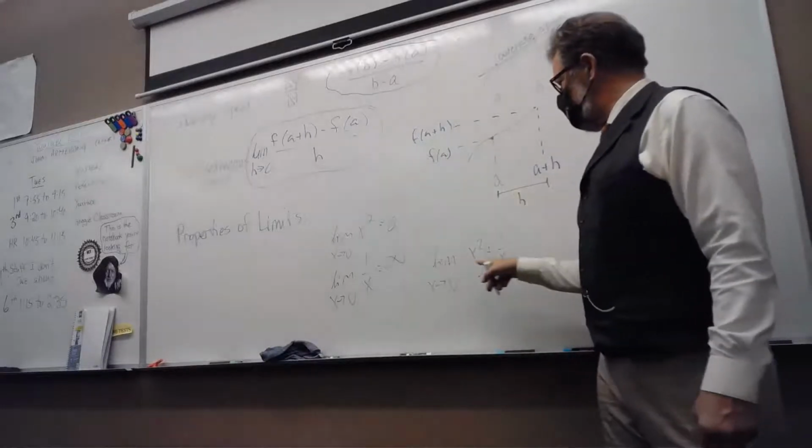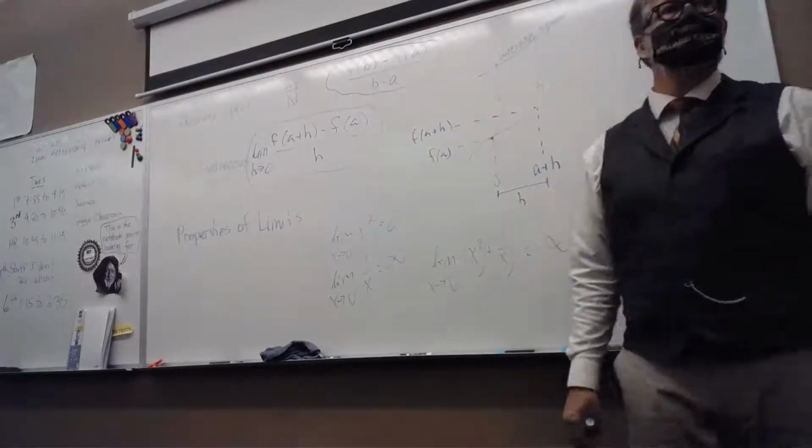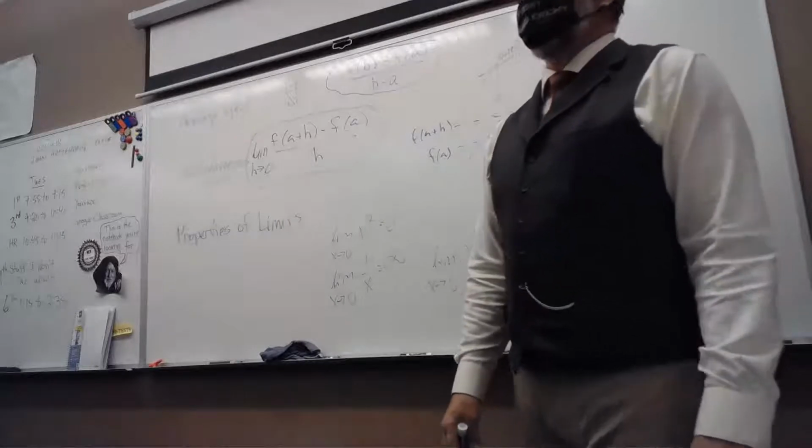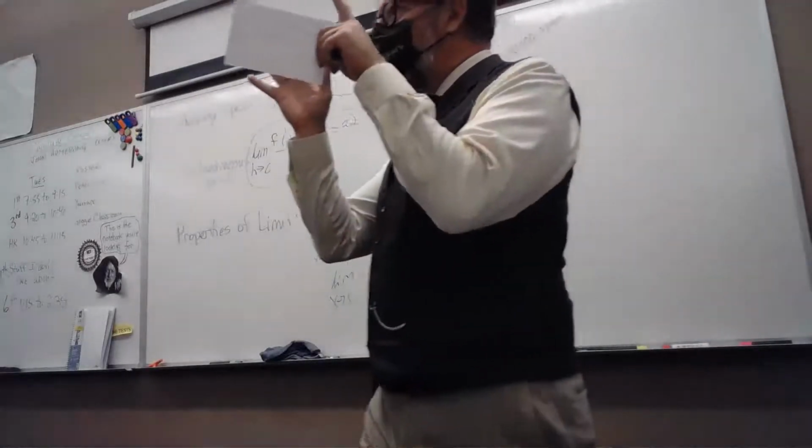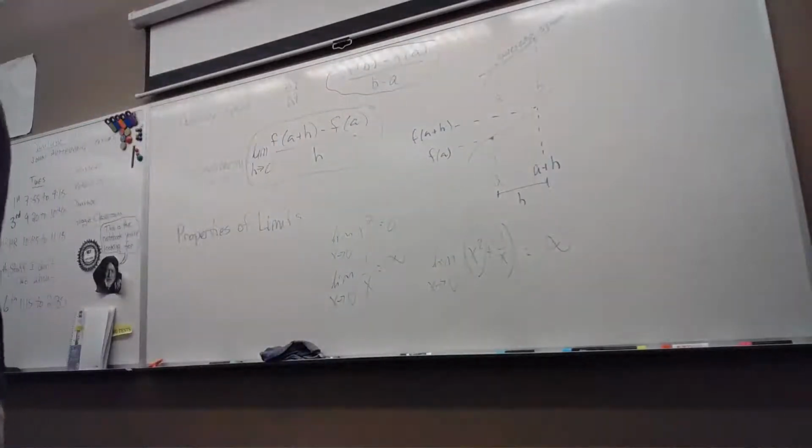So it's 0 plus infinity, so this one is infinite. As opposed to trying to think of x squared plus 1 over x as one function, and what does it do? So that little table of properties of limits, probably worth copying down in your notes if you haven't.